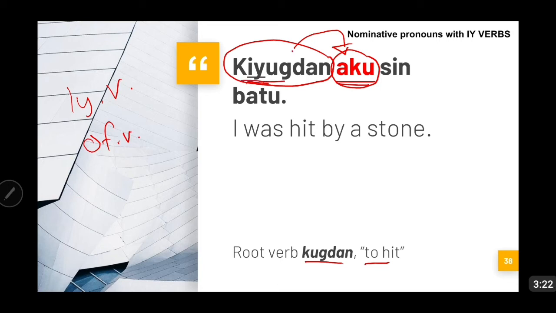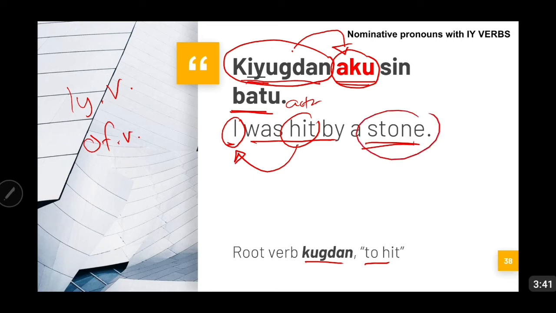So when we say kyugdan ako sin batu, batu is the actor of the verb. It is translated as I was hit by the stone. The pronoun I is the receiver of the verb hit, and the actor is the stone.